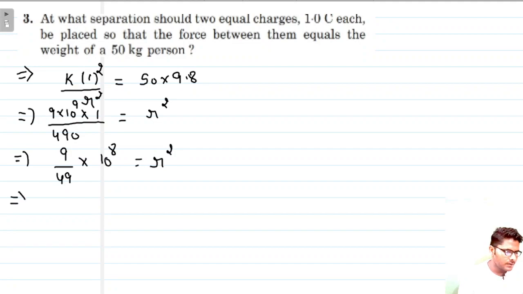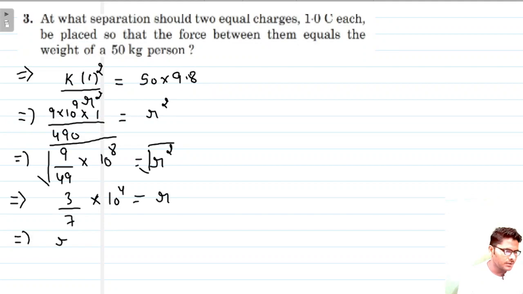Applying the square root on both sides, you will get 3 over 7 into 10 raised to the power 4 should be equal to R. So you may say R should be equal to 3 over 7, that is 0.4286 into 10 raised to the power 4 meters.